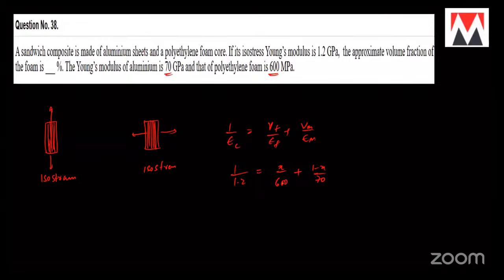Oh, this is given as MPa. So this is 0.6. This is smaller one actually. Equally distributed. These polythenes are your fibers. So please solve this.